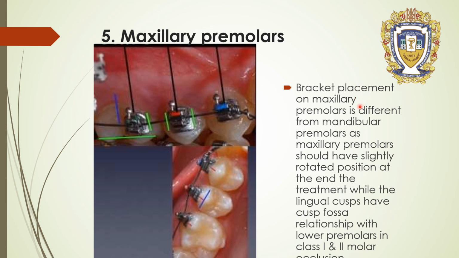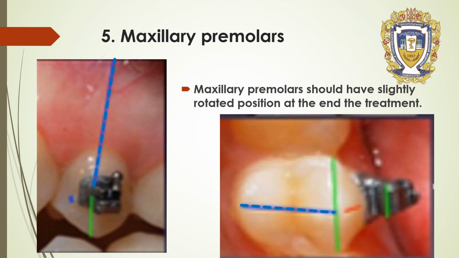Bracket placement on maxillary premolars is different from mandibular premolars, as maxillary premolars should have a slightly rotated position at the end of the treatment, while the lingual cusps have a cusp-fossa relationship with lower premolars in class 1 and 2 molar occlusion.